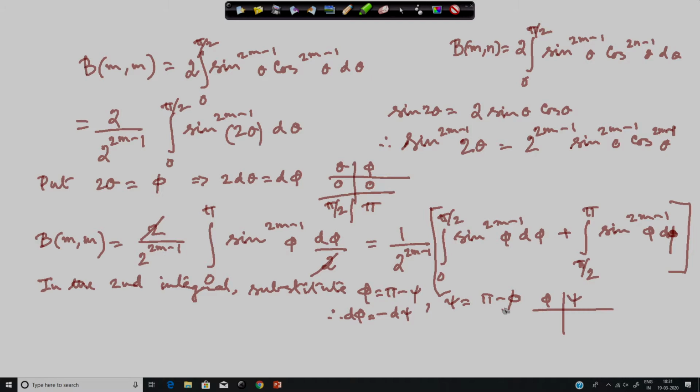If you put π/2, then ψ becomes π/2. If you put π, then ψ becomes 0.